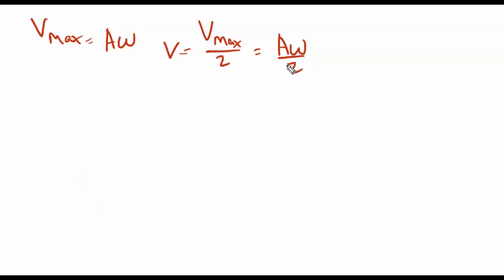At this moment, the speed is equal to A omega divided by 2, half of the maximum speed. You're not given a lot of information here, so this is kind of a tricky question. The correct way to do this question is to use conservation of energy. Anytime you have any type of simple harmonic motion, you can always use conservation of energy.